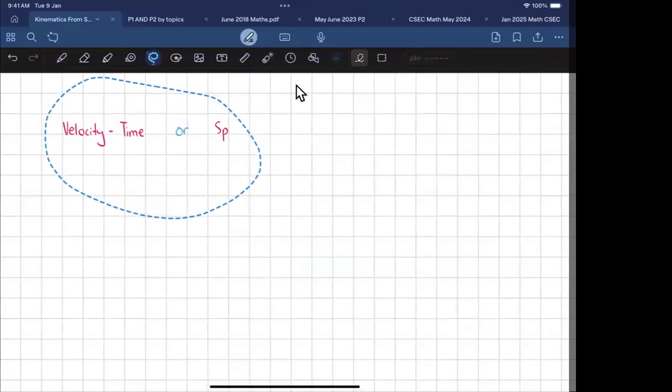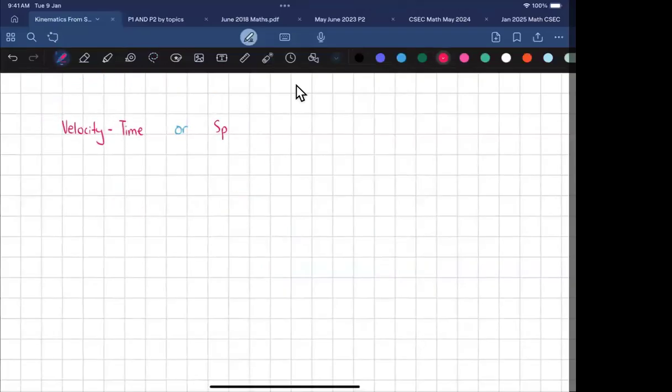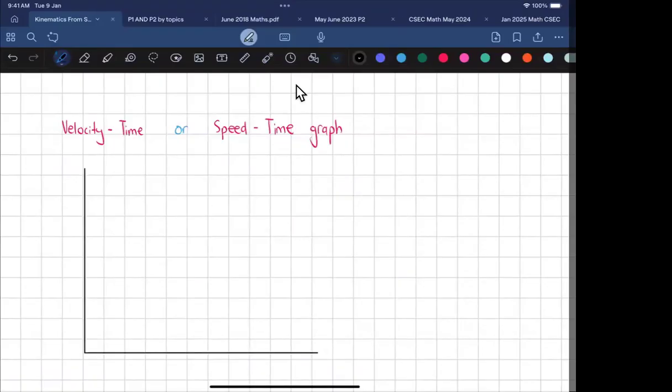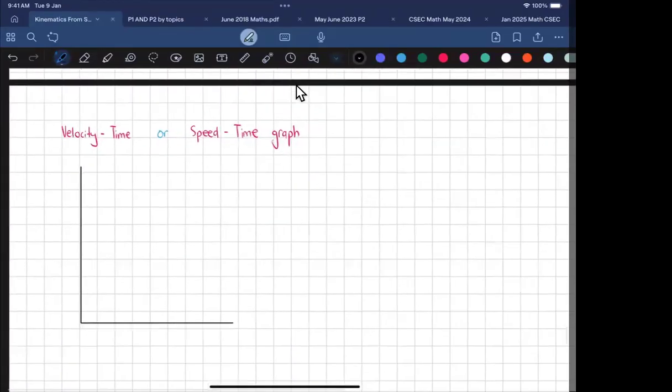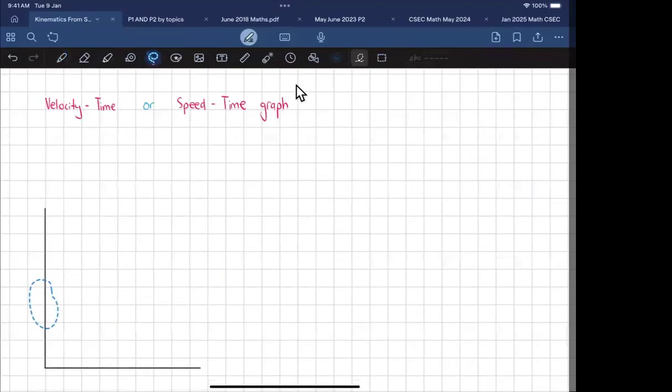Now there are two types of acceleration. You can either be speeding up or slowing down. If speeding up is acceleration, what do you call slowing down? What's the opposite of acceleration?